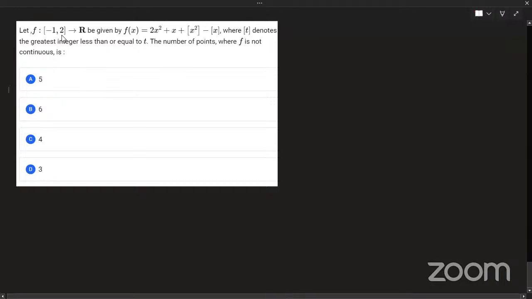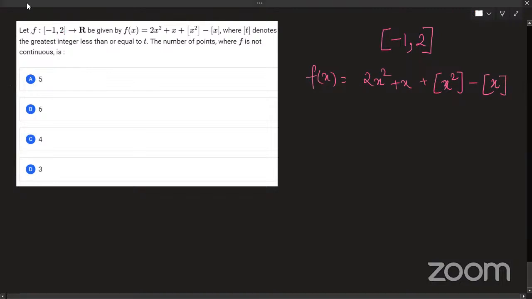Included, sir. -1 and 2 both are included, square brackets. So you have got f of x is equal to 2x square plus x plus fractional part, sorry, gif of x square minus gif of x. This one is really special, I feel.